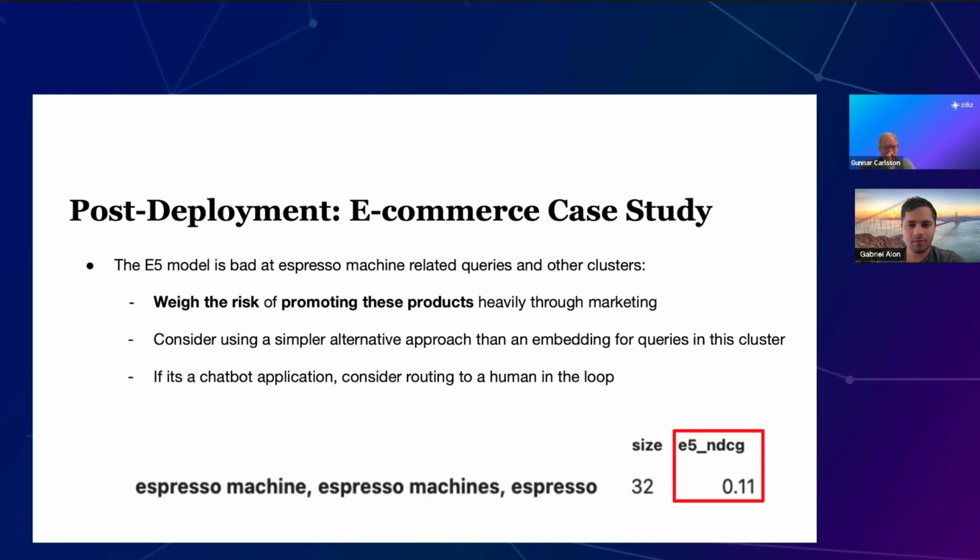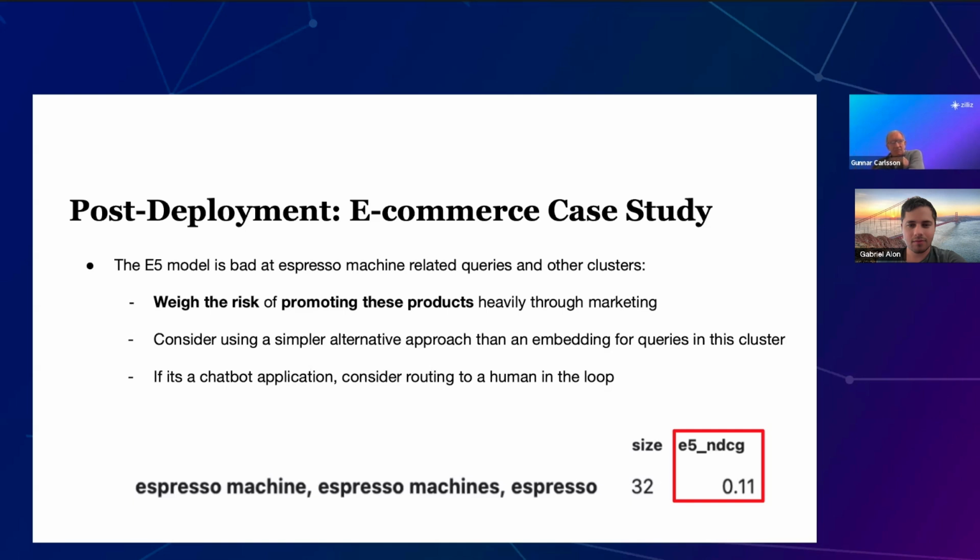Now in production, models don't operate in isolation, they operate within your business model. And in your business model, you might be spending money promoting certain products through marketing. If you knew in advance that customers would have a bad experience searching espresso related queries, then maybe it's time to prioritize other things in the meantime while you're trying to improve this experience.